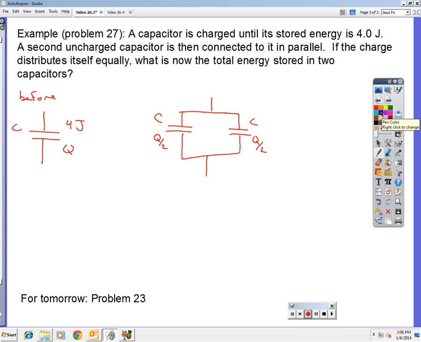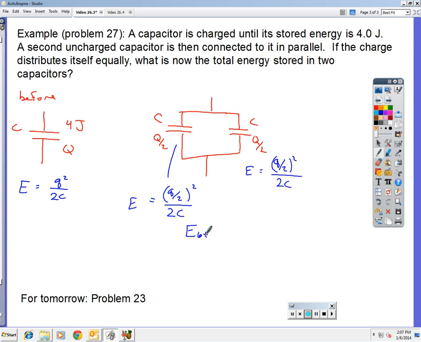Now one thing we can say here is that the initial energy equals Q squared over 2C. Afterwards, the energy on one of the capacitors is Q over 2 quantity squared over 2C. And the energy on the other capacitor is also Q over 2 squared over 2C.